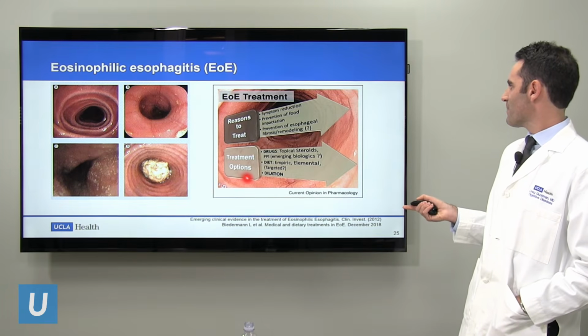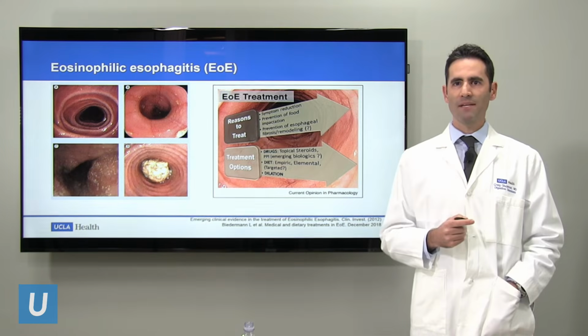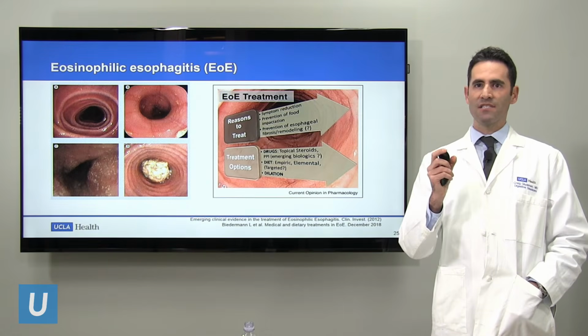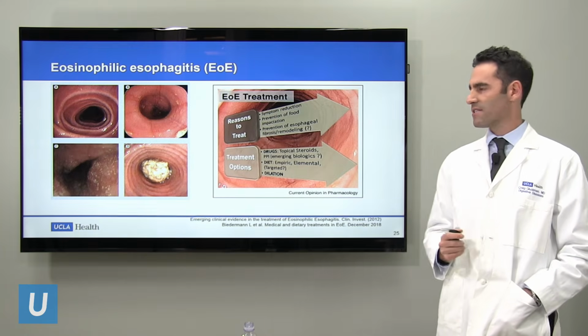What are some of the treatment modalities for a patient with EOE? We often start with proton pump inhibitors. These are similar medicines that we use to treat acid reflux, and they're often very successful in treating EOE. If proton pump inhibitors don't work, we can try topical steroids, either steroids that we breathe in and swallow, or liquid suspensions of steroids that we swallow because we want that to coat the esophagus.